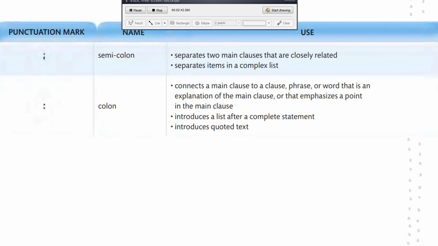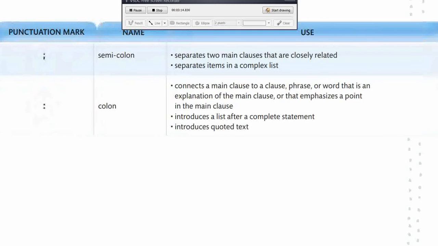The next punctuation is a colon. A colon is two dots, one on top of the other, that is vertical. Now the usage of a colon is that it connects a main clause to a clause, phrase, or a word that is an explanation of the main clause or that emphasizes a point in the main clause.